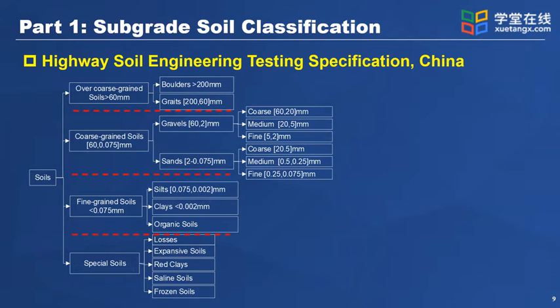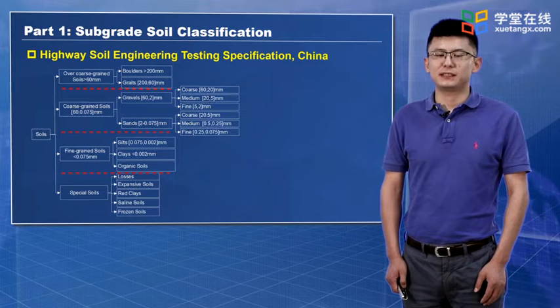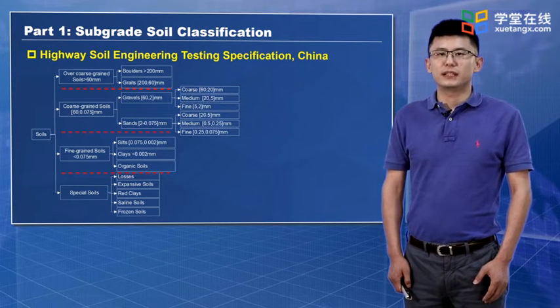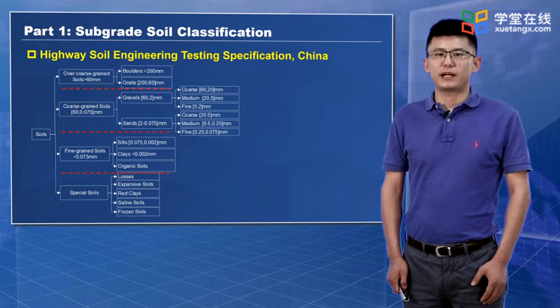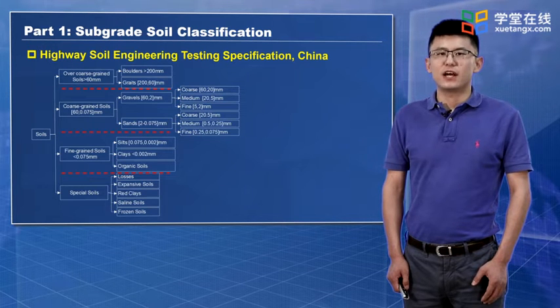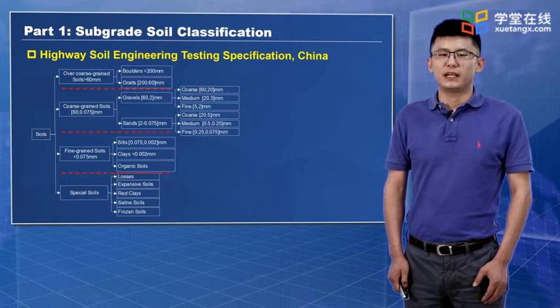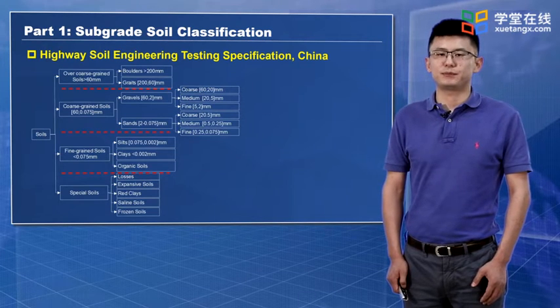And in terms of China's specification, actually China's classification system is a modified system based on the USCS. From this chart, we can see clearly it can be mainly categorized into four classes: the over coarse grained, the coarse grained, the fine grained, and the special soils.